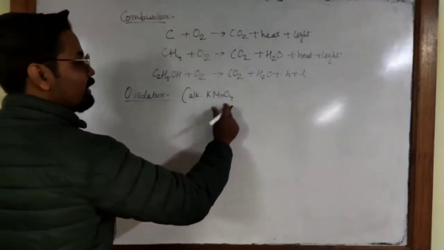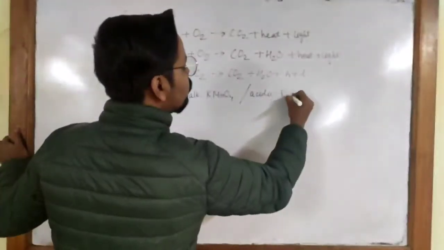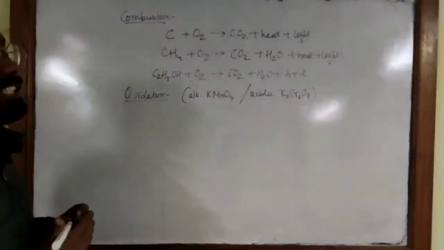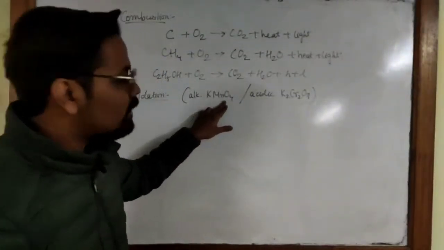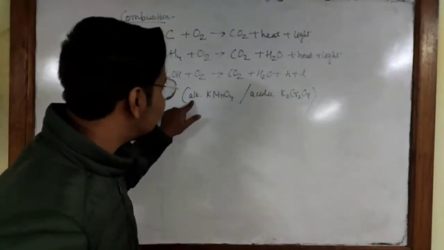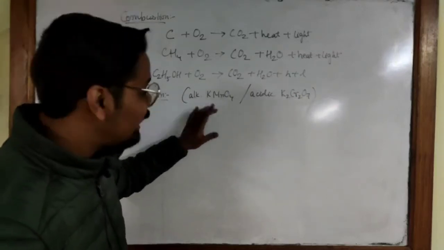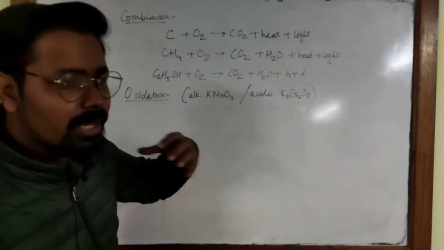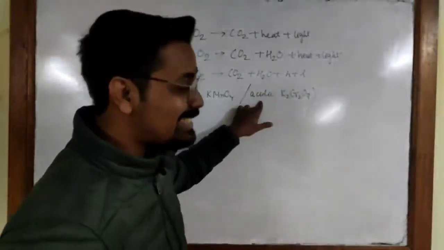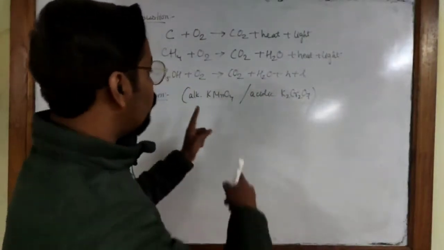You must remember that potassium permanganate will only act as an oxidizing agent if it is present in an alkaline solution. K2Cr2O7 will act as an oxidizing agent if it is present in acidic medium.